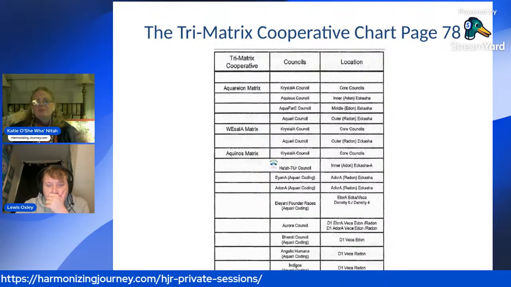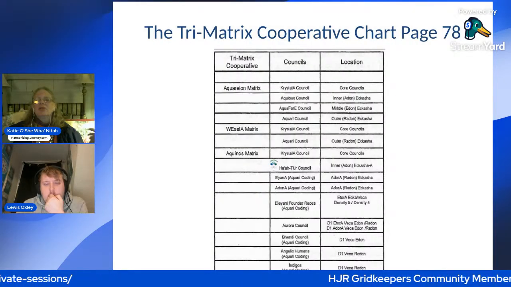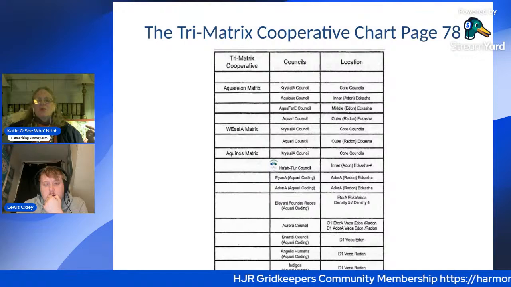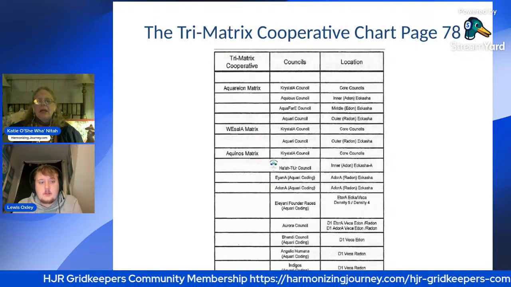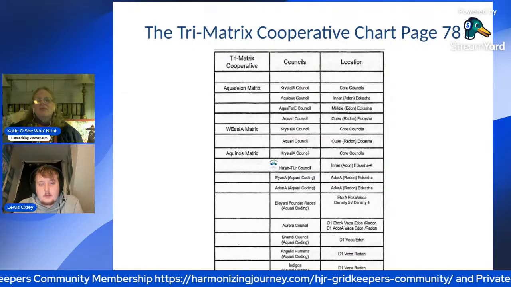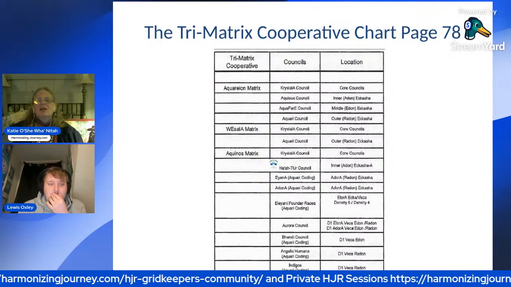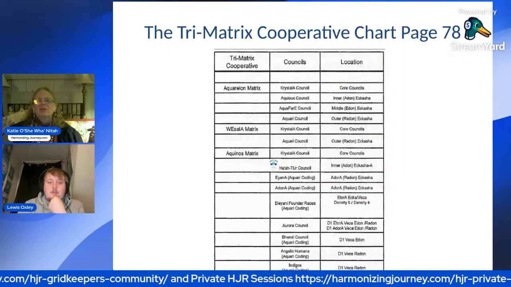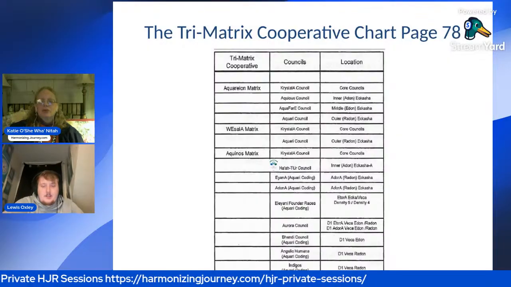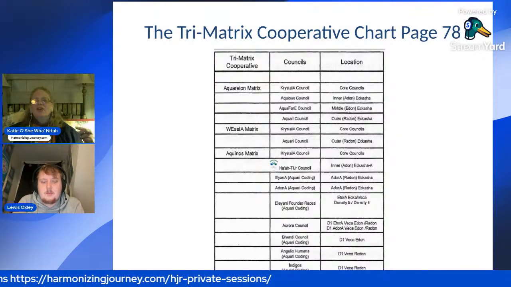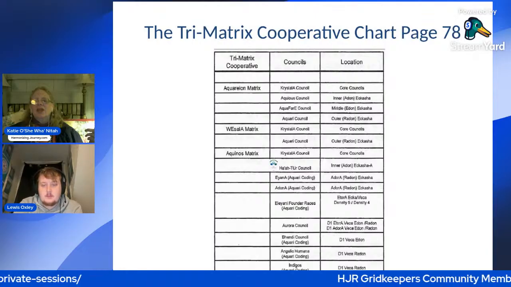Now, Aquinas, which is our matrix. So we have our Krystal Council in the core. We also have, and you see my little kitty cat thing there, the Hathor Council. Not to be confused with Hathors, but the Hathor of the inner Adon Akasha Council.